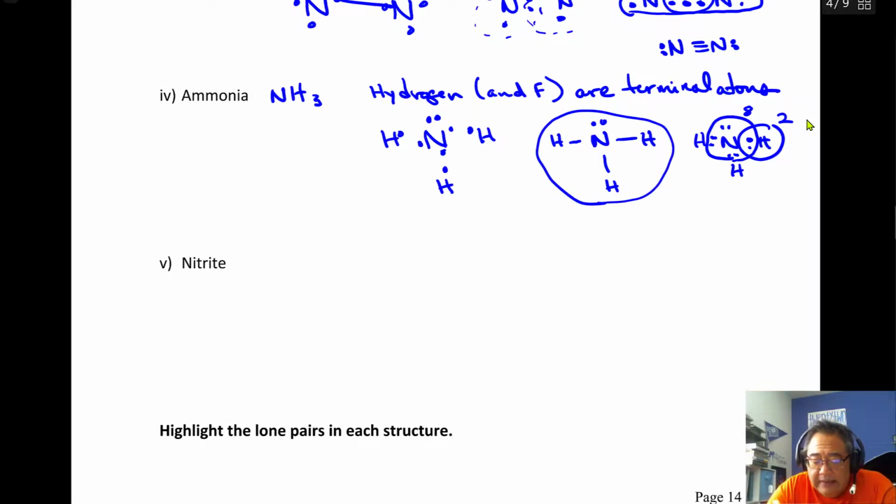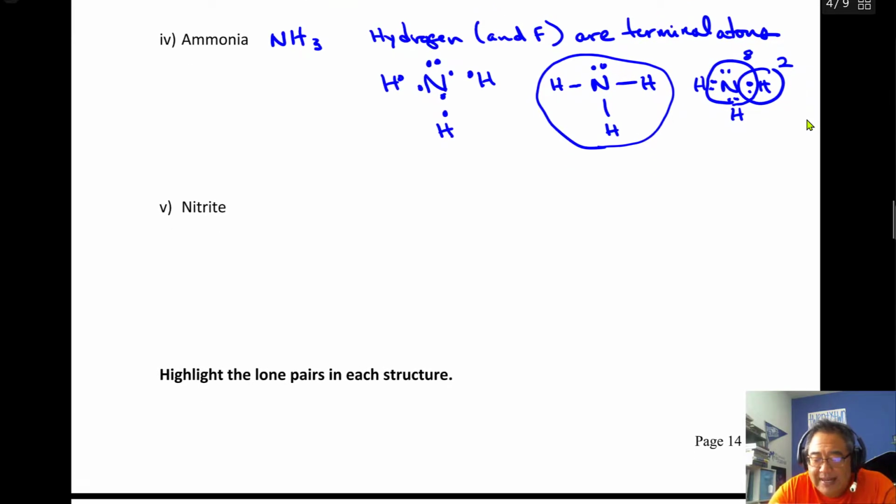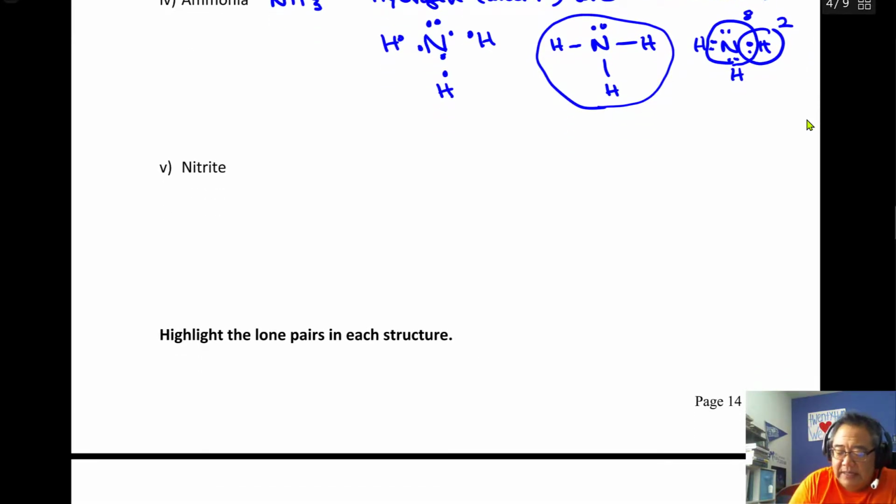Okay. Now we're going to do nitrite. Nitrite is NO2 minus, so we're getting more complicated, right? So what do you think will be the central atom? Well, there's 2 things to go off of, nitrogen being just 1, so it's probably in the middle.